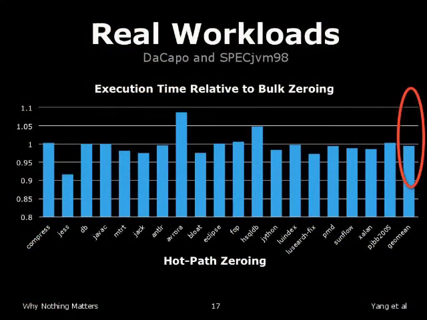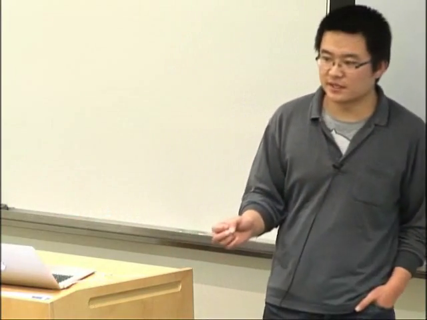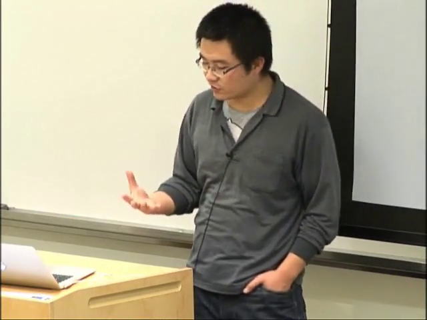And the key point is that with hot path zeroing, you make your system complicated, you limit the choices, you limit the optimizations you can do, and your JIT compiler gets complicated.